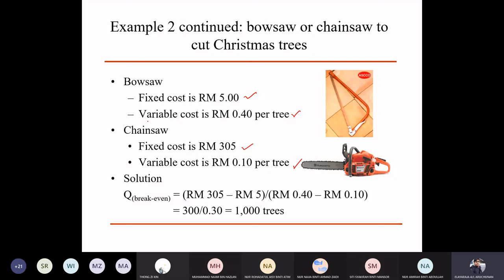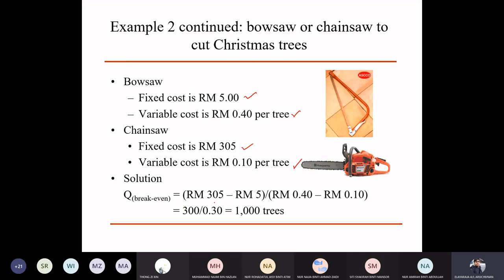We can calculate based on the implementation of the two different methods, in order to find the break-even number of trees we can cut effectively. We just use the same formula we developed.